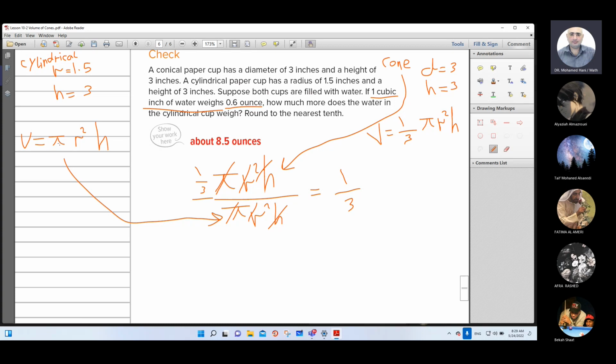We want to find the volume of the cylinder to know how much water weighs inside this cup. Then find the volume of the cone to know how much the water weighs in ounces. Then you can compare between them. You will find the answer about 8.5 ounces.